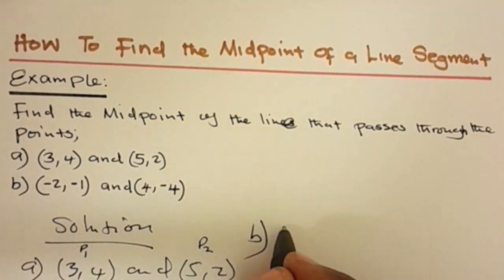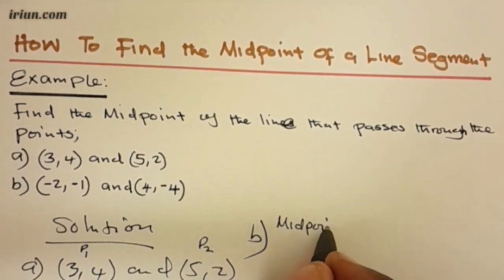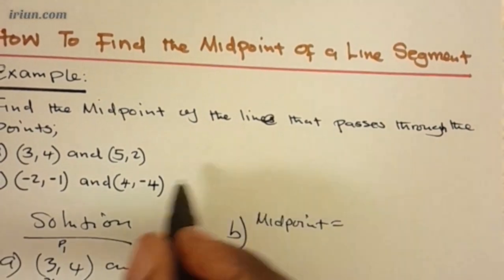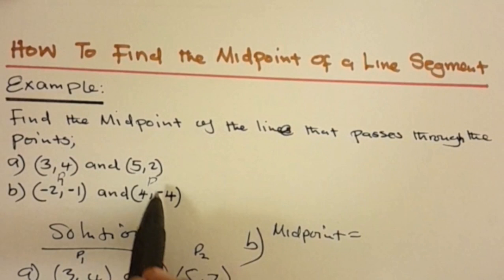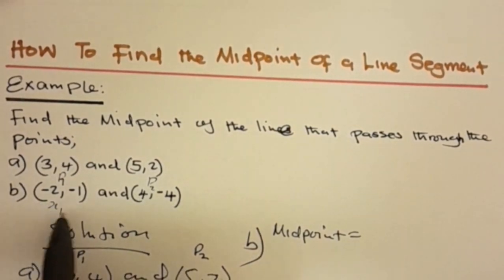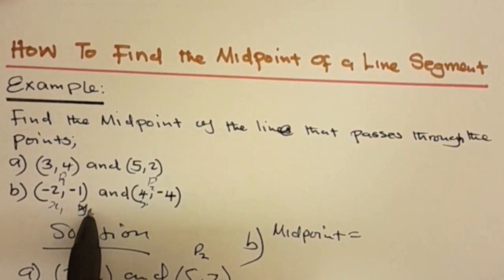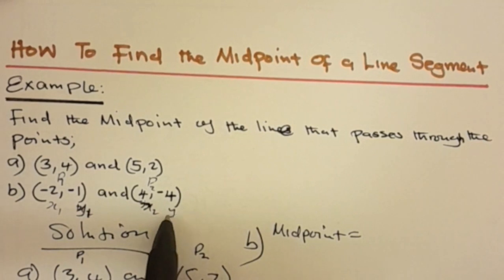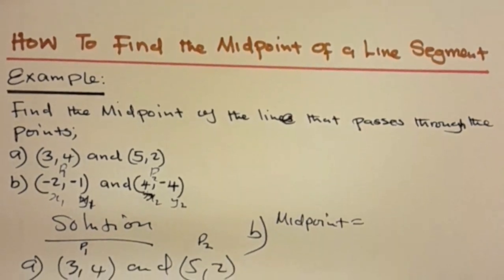So we are going to do the same thing. So midpoint is equal to, so I'm going to name this as point 1 and point 2. So I have x1, y1, then x2 and y2. It's just the same procedure that we followed when we were doing the first one.